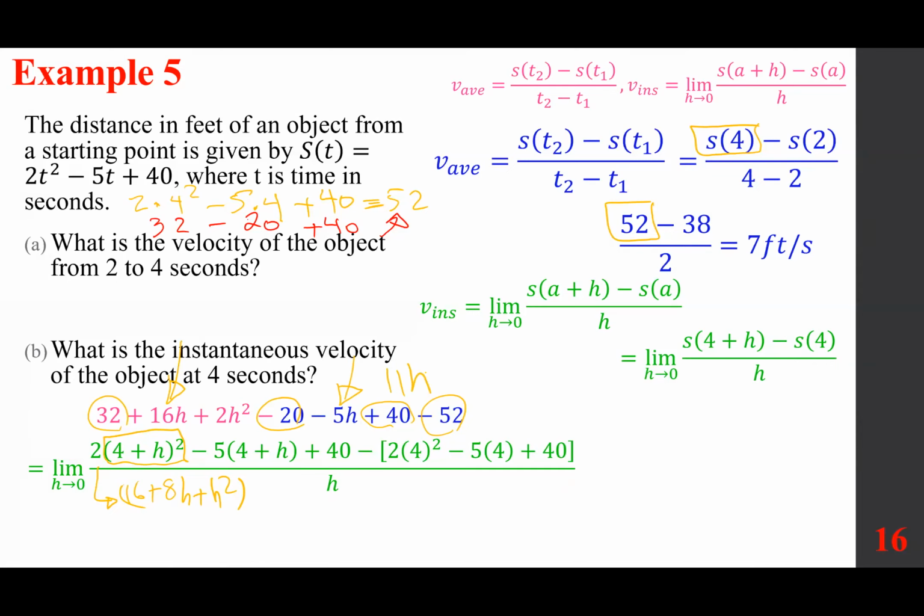They add up to 11h. So the numerator is 2h squared plus 11h only. We are going to factor out the h. And now when we plug in, we get 11 feet per second.